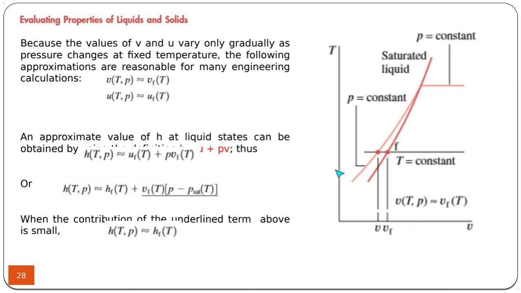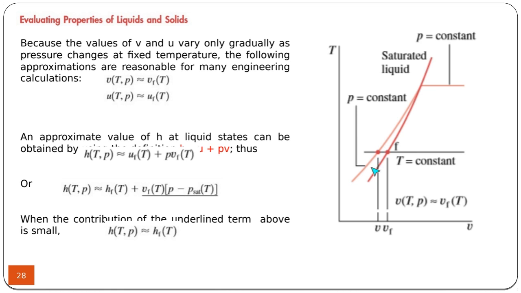For instance, you would like to find the specific volume in the liquid zone. This part belongs to the liquid zone because this solid line is the saturation curve, so the left of it is subcooled liquid.